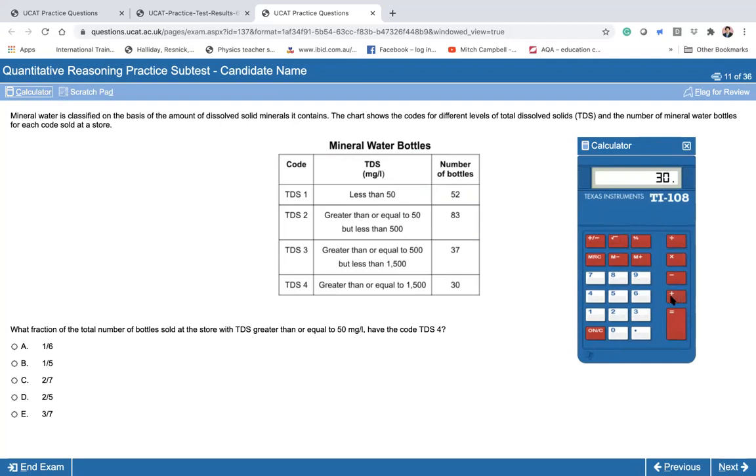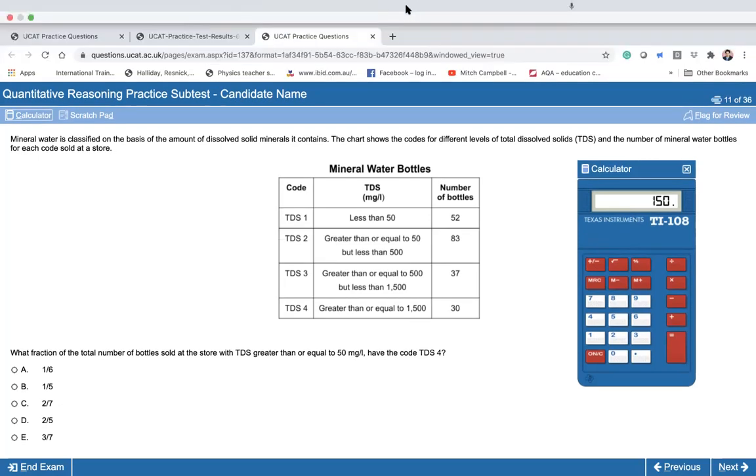So 30 plus 37 plus 83, and that gives you 150. So 30 divided by 150 would be 1 over 5. So option B is the right answer. So 30 divided by all 3 of them, that gives you 30 over 150, which is 1 over 5.